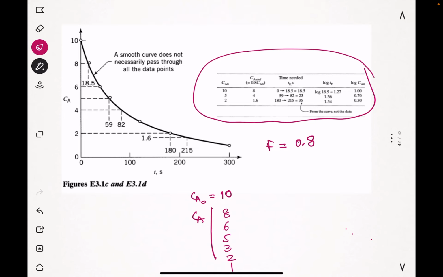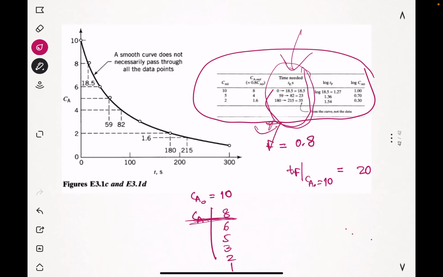So we have the data point in our table, and so it's easy to figure out the time required, TF1, at Ca naught equals 10 mole per liter. We can get it from the table straight away. It's 20.